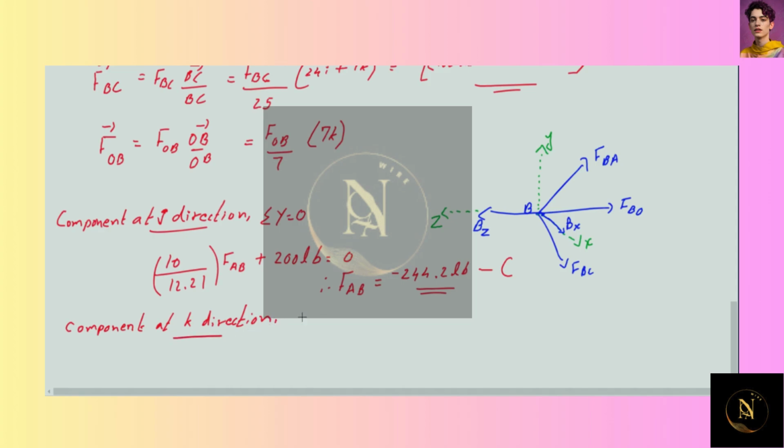To find the component in the K direction, of course we have to take summation along Z equal to 0.